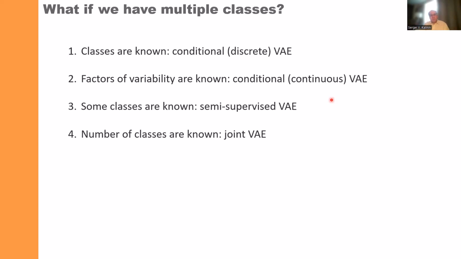Now, the next class of autoencoders are the semi-supervised VAEs. Imagine that you have labels for some of the objects, but not for others. What the semi-supervised VAE will try to do is to identify what would be the label for the unknown object.